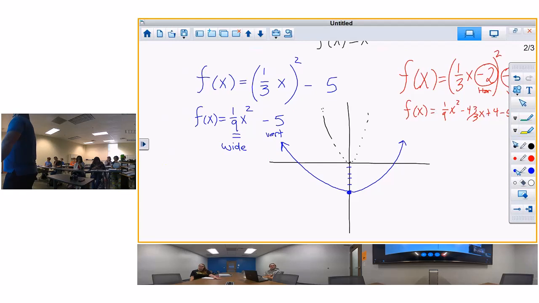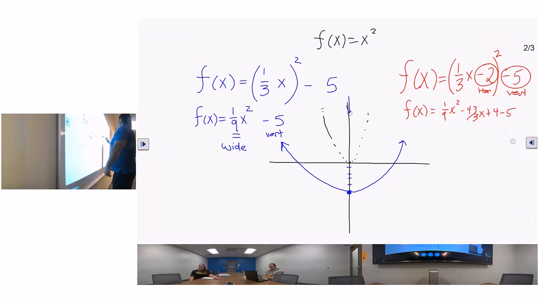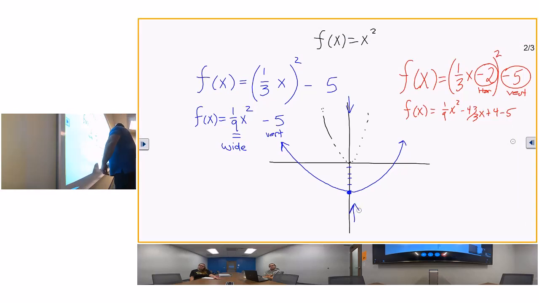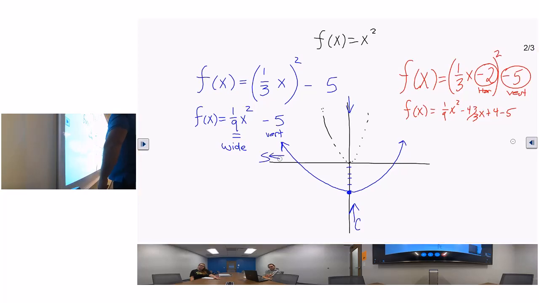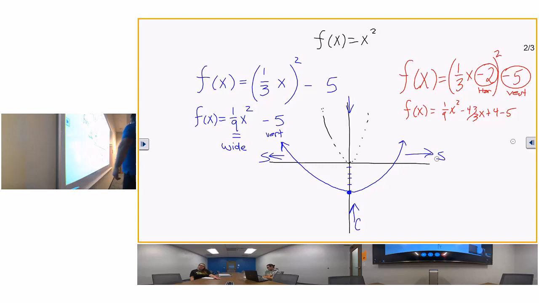It's being compressed along the y-axis, put a C, or it's being stretched along the x-axis. I don't care which one you use, but by what? Now this is where I disagree. The homework says 1/3. And I don't know if they've changed it because it's been 2 semesters since we've been using this book.